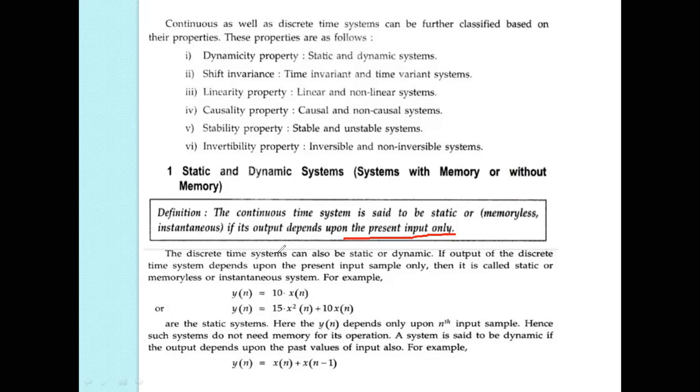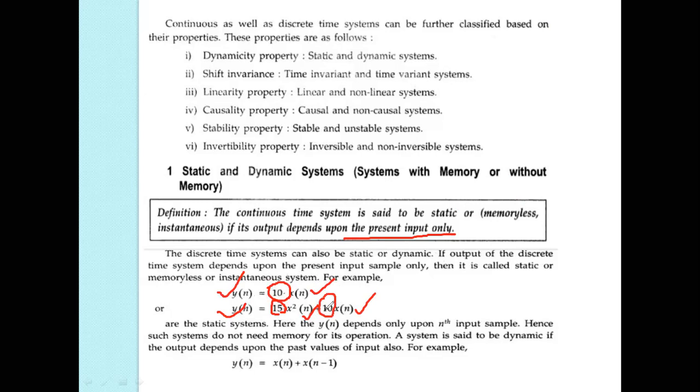The discrete time system can also be static or dynamic. If the output of the discrete time system depends upon the present input sample only, then it is called a static, memoryless or instantaneous system. For example, y of n is equal to 10 times x of n, an amplitude scaling, and y of n is equal to 15 times x square of n. x of n is the present input.